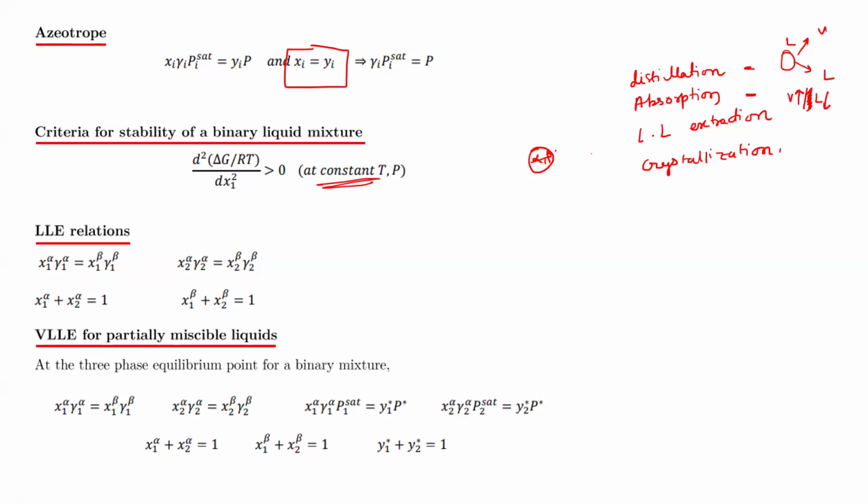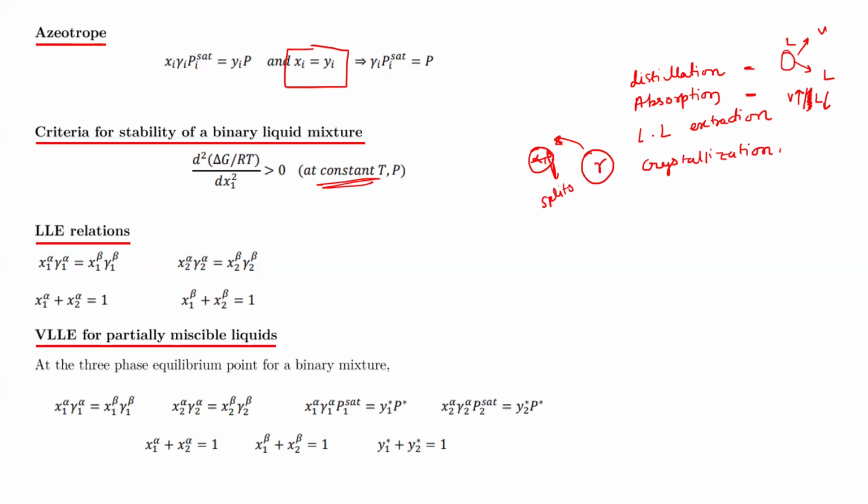If I bring this in contact here, this beta splits into both phases. So there will be an equilibrium value for the mole fraction of the beta in the alpha phase and the gamma phase. That is liquid liquid equilibrium. That is extraction.